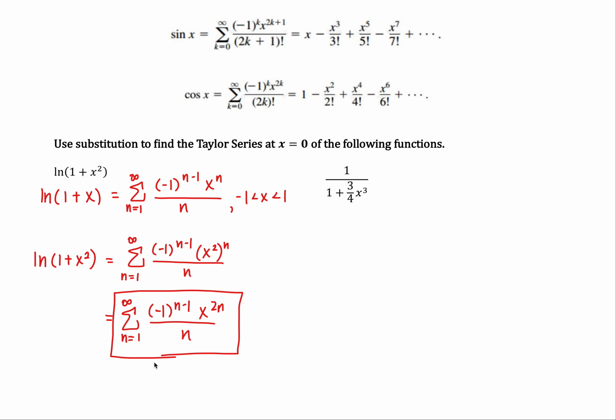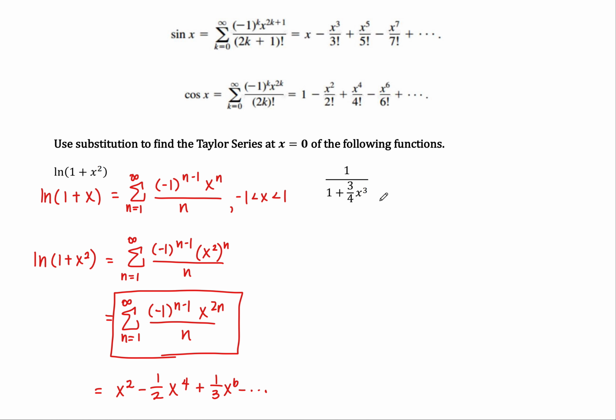And the first couple terms of it, for n equals 1, you're going to have x squared. For n is 2, it'll be minus 1/2 x to the 4th. For n is 3, it'll be plus 1/3 x to the 6th, and so on. So there, we just used this known series to look at this slightly more complicated one.